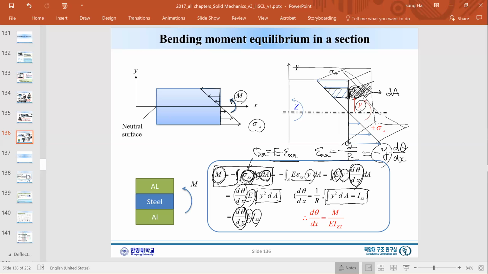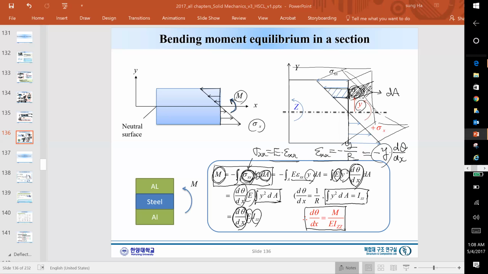So the rate of the angle change under bending moment, d theta/dx, is now simply moment divided by E Izz. That is a very important equation, a result of beam theory.